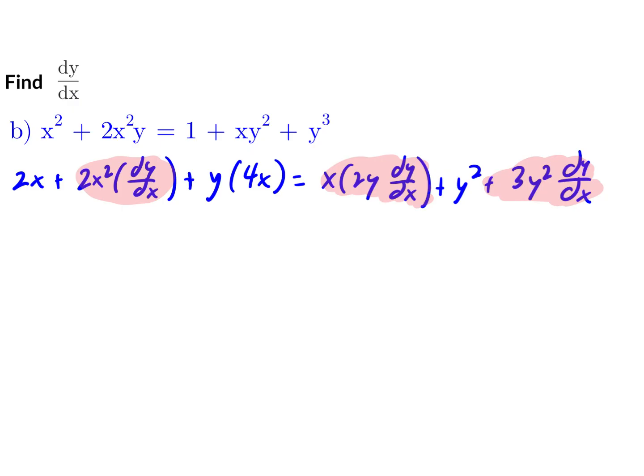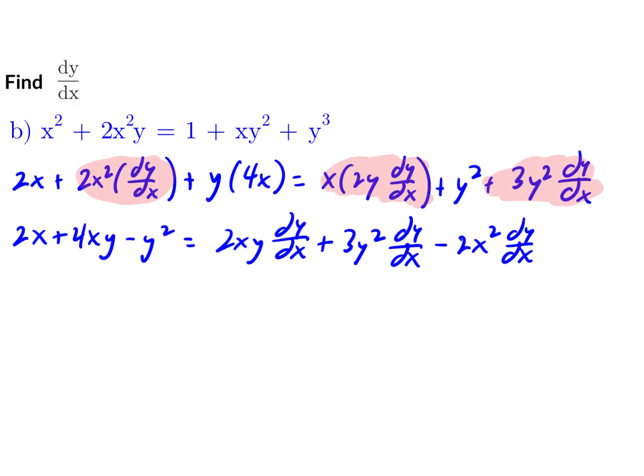So from this point forward, it's all just algebra. We did the calculus. Now we've got to do the algebra. Here's what I did. I just slid this term here to this side.